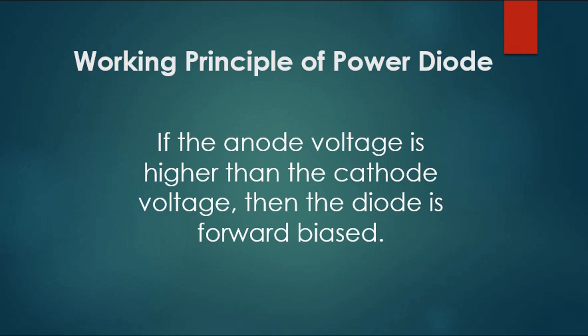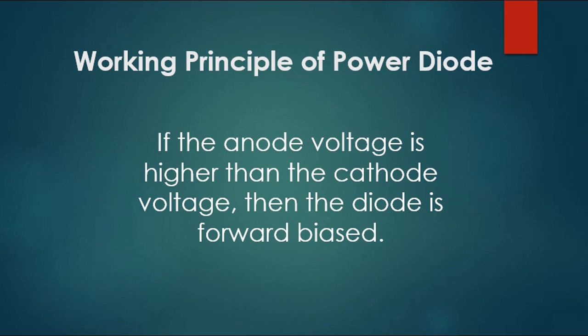Let's go straight to the working principle of power diodes, how it works. If the anode voltage is higher than the cathode, that is what I mean by anode, just as I explained before. This anode voltage is P type voltage. It represents positive voltage, and it is higher than the negative voltage.